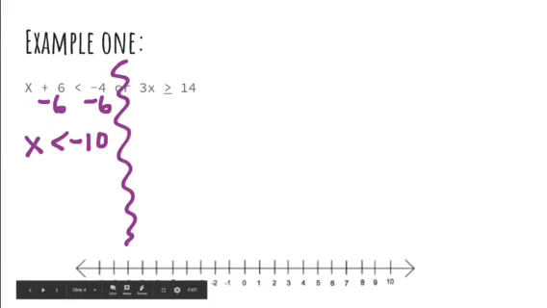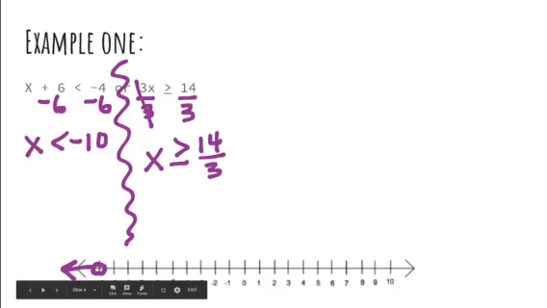If I go to graph that, I know it's covered up, but I know that this last number here is negative 10, and x is less than that. If I come over here, I know to get x by itself, I've got to divide by 3. So I'm left with x is greater than or equal to 14 over 3.